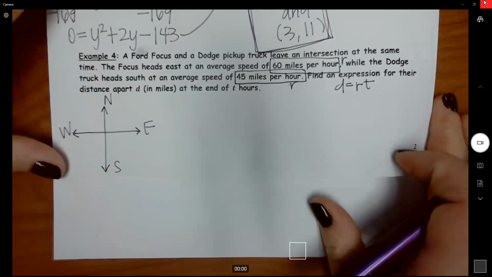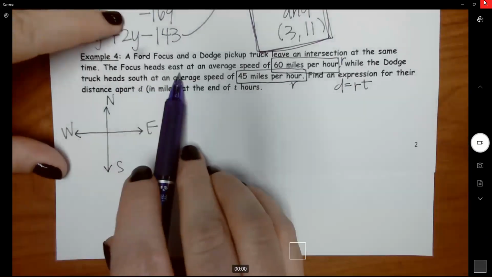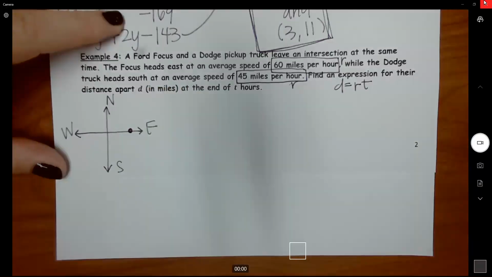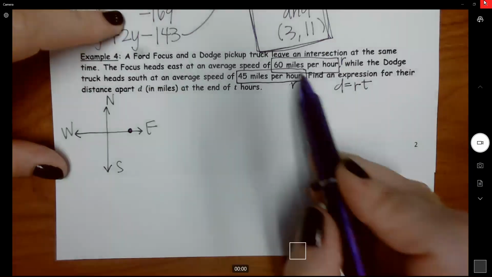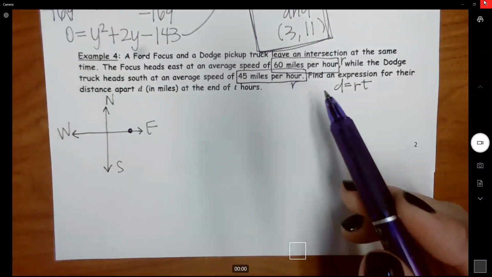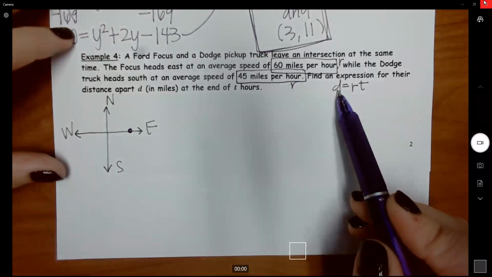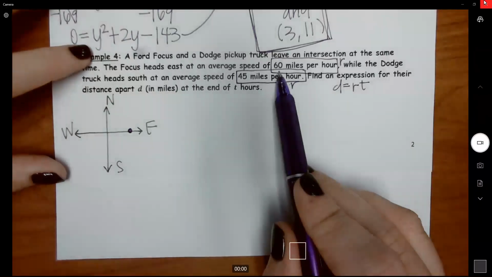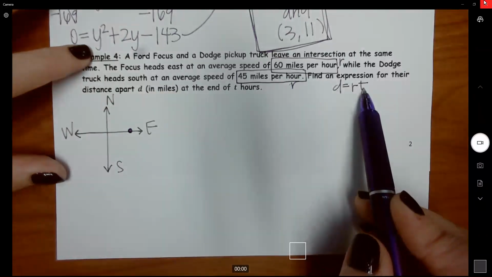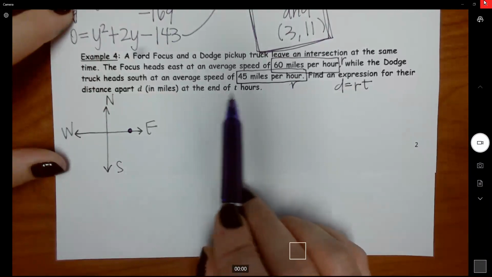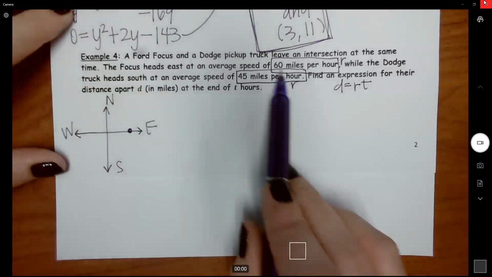So my Ford Focus heads east. I don't know where it is, but it's going to be somewhere on this east coordinate, going 60t. That's going to be my distance: my rate of 60 miles per hour times time. I don't know what the time is. We want to find the expression at the end of t hours. So it is 60t.